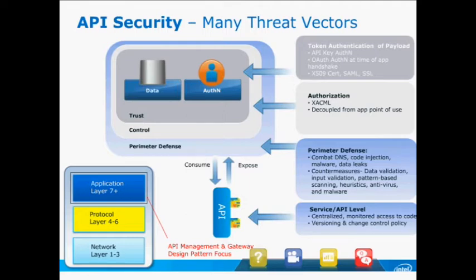Instead of having to secure one application, you now potentially have to secure 2, 3, or even a dozen APIs and manage access to those. You also have to take a defense in depth approach because there are a number of different vectors that can be used to attack these APIs. So at the perimeter, there's the risk of denial of service. There's various code injection exploits.